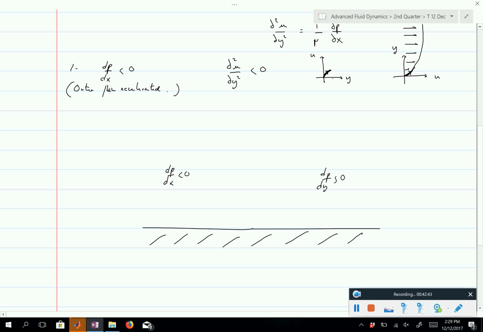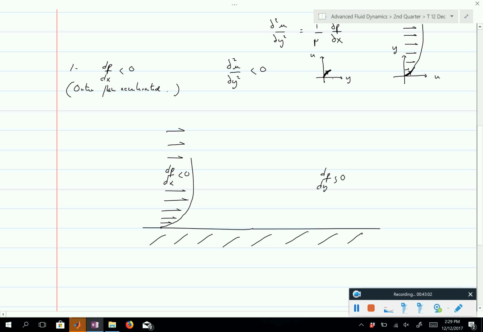Okay, so the curvature is so small you can't see it. And so far, when dp dx is equal to 0, then my profile is going to look like this. My boundary layer profile.